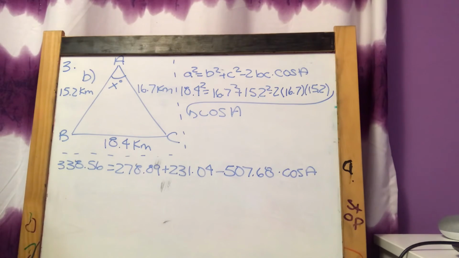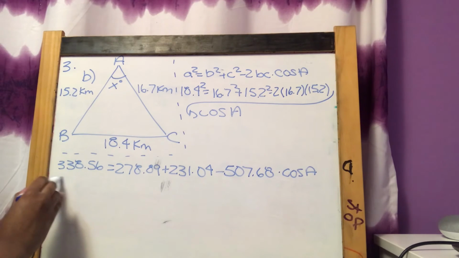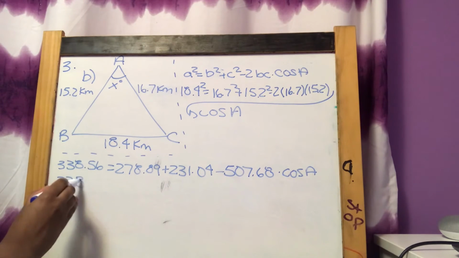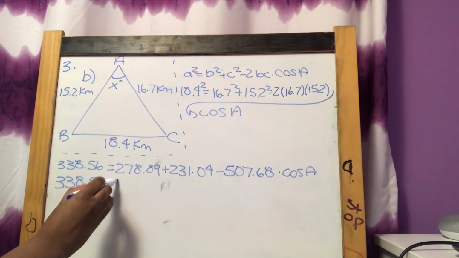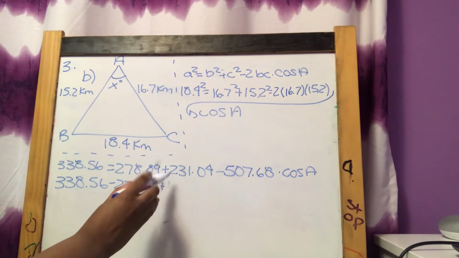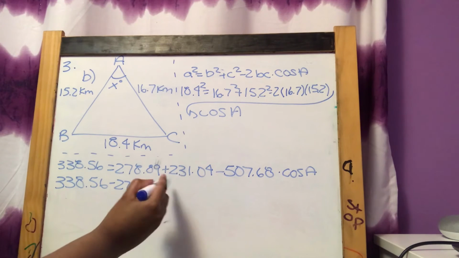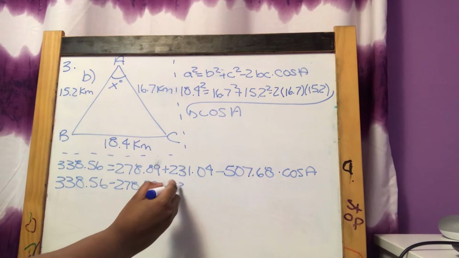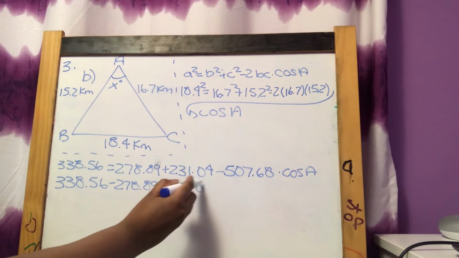So it gives me all of these numbers. Now I'm going to take 338.56 minus 278.89, and then I'm basically going to minus all these numbers, minus 231.04.